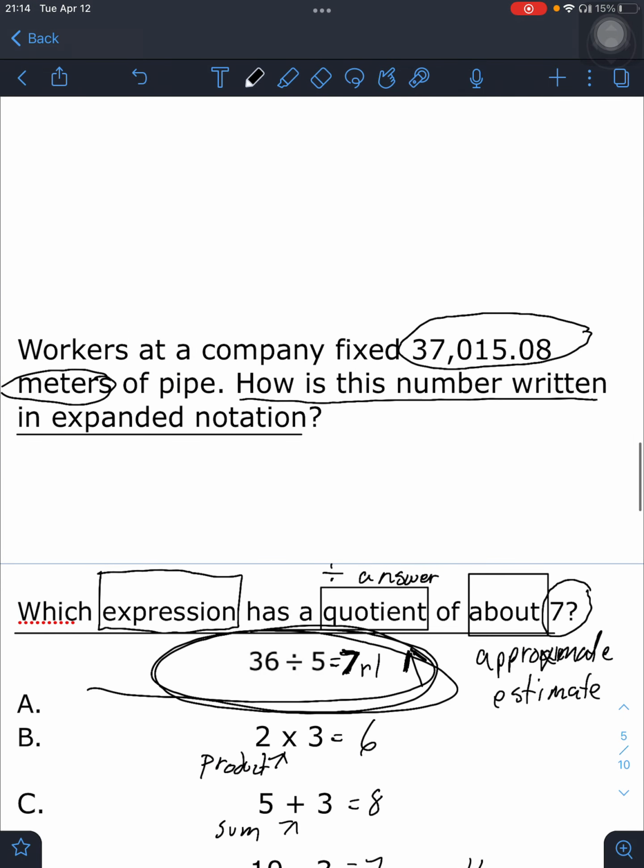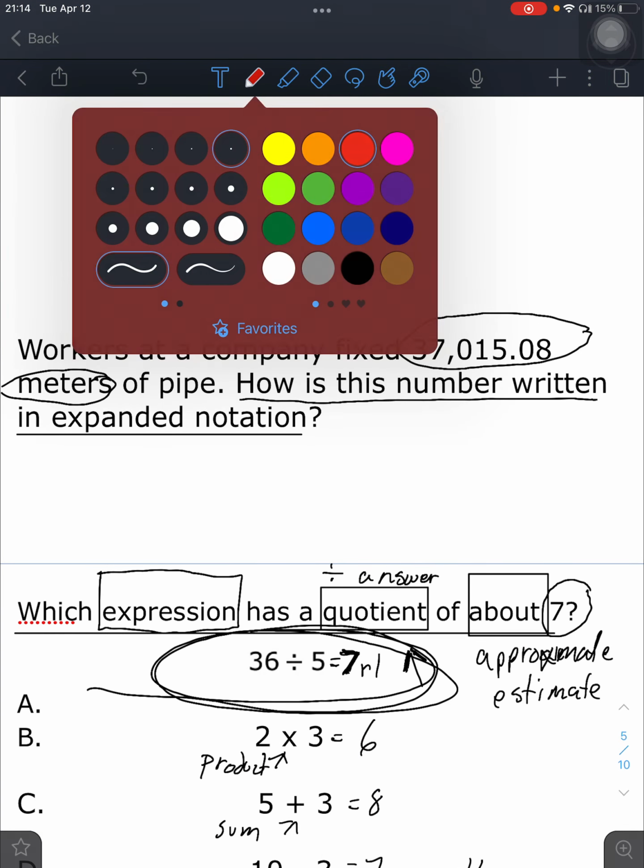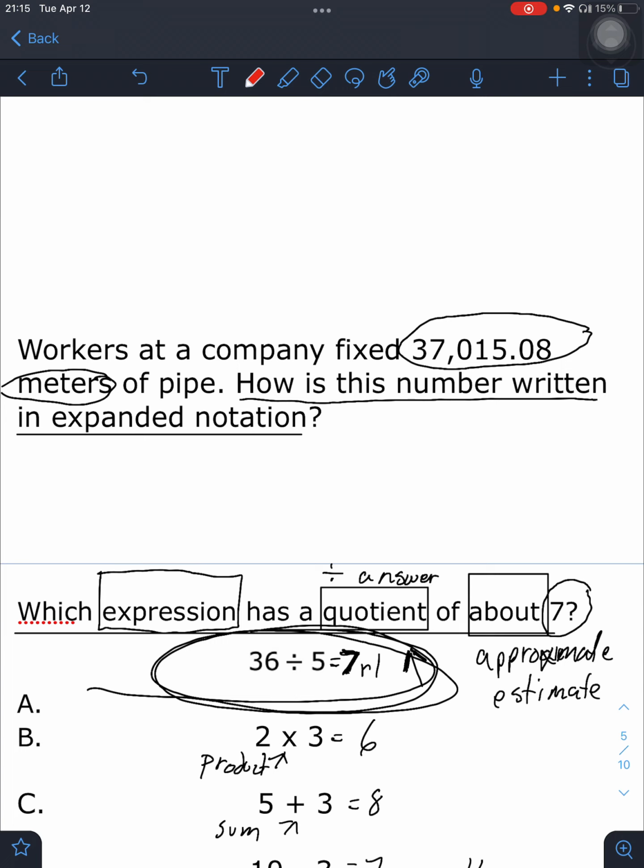Next, we're going to place a box around our key point of information, which in this problem is written in expanded notation. If we do not know what expanded notation means, there is no possible way for us to get the correct answer. That's why this is our key. We have to know what expanded notation looks like so that we can get the correct answer.